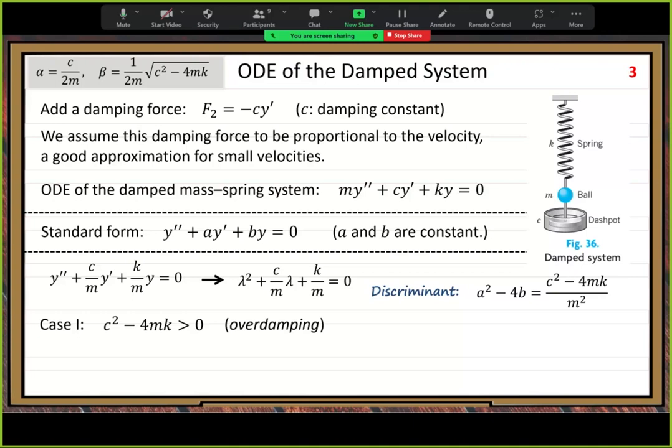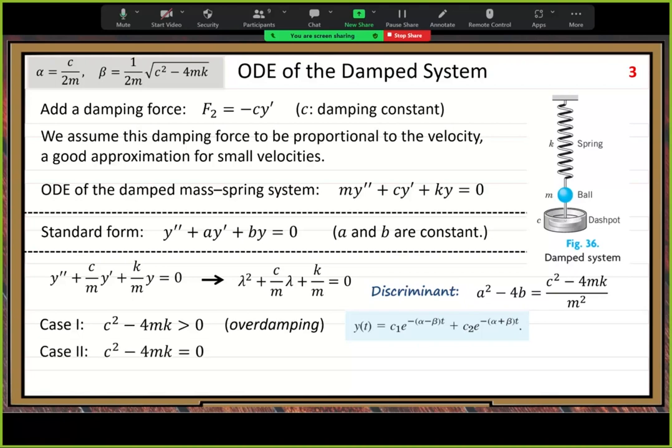With alpha and beta we can make the formula shorter. So for case 1, we can write the general solution in this way, with alpha and beta.